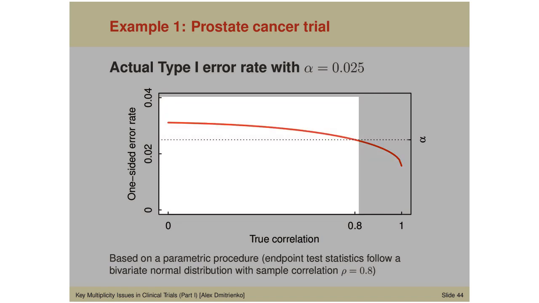What is worse is that when the sample correlation underestimates the true correlation, things get out of control. The solid curve, as we see here on the slide, crosses the 0.025 threshold. The multiplicity adjustment does not work anymore. And this is why it is not safe to use sample correlations when building multiple testing procedures.